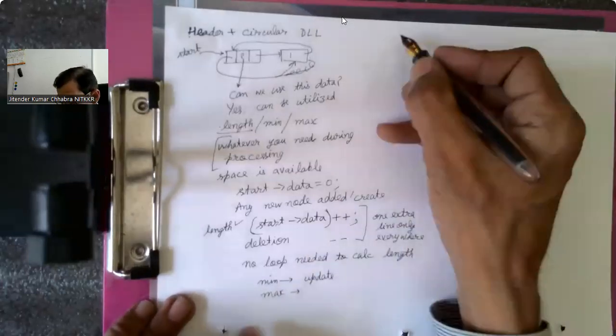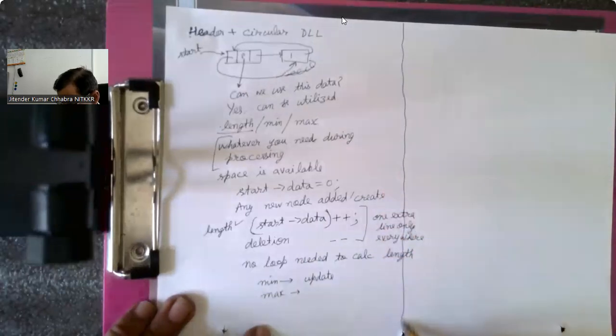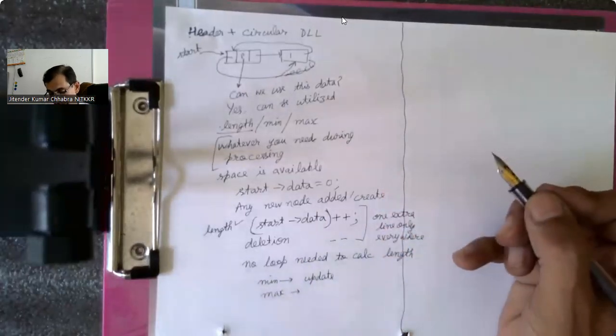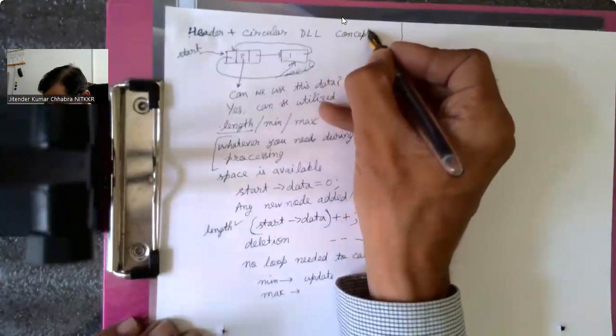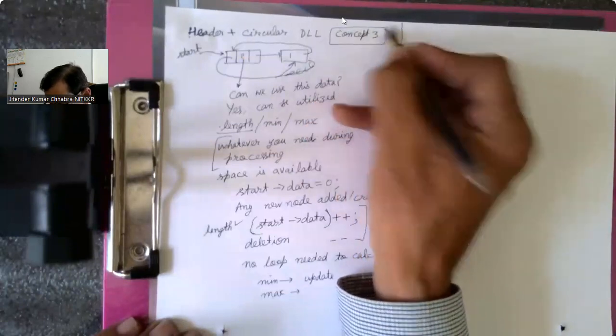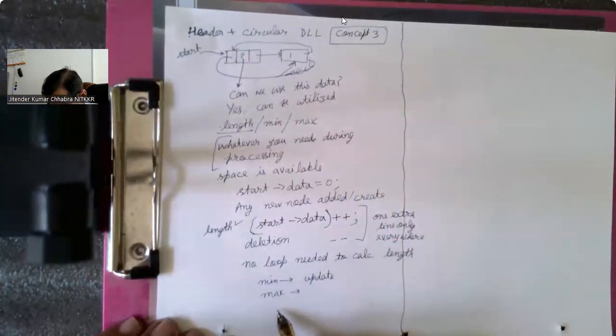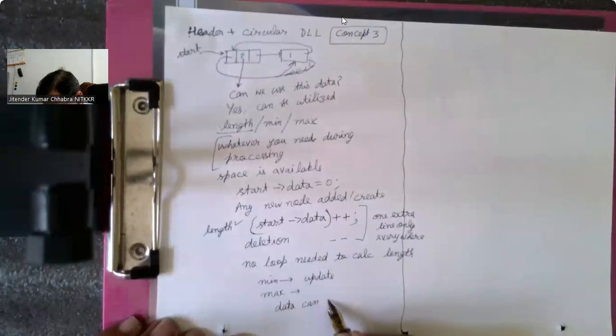Some prime number you need during your programming, and whether that is present in the list or not, store that. So this becomes concept 3. You can use this, and the header field or data field can be used in a singly linked list also, because irrespective of a doubly or singly linked list, with a header node you can use it.